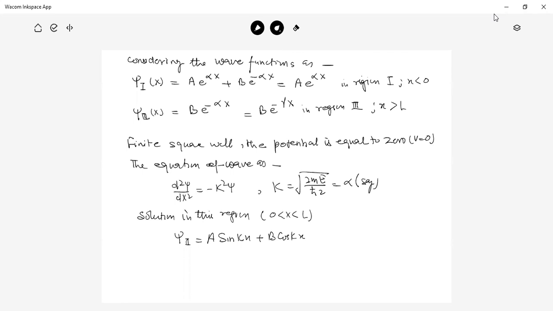Now we can have the boundary conditions. So in all, this is psi 1, this is psi 3, and here it is psi 2.